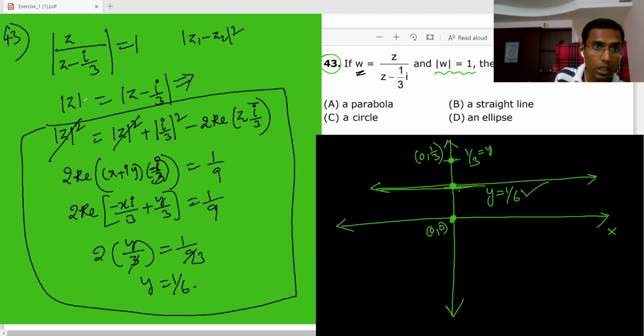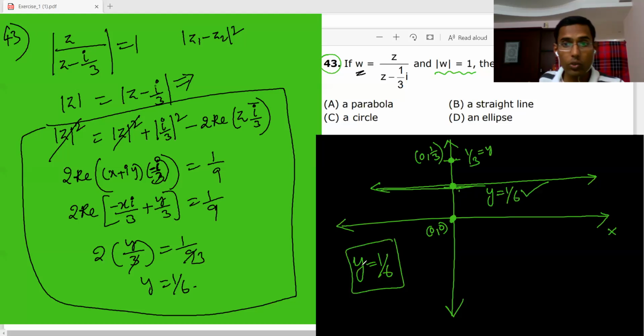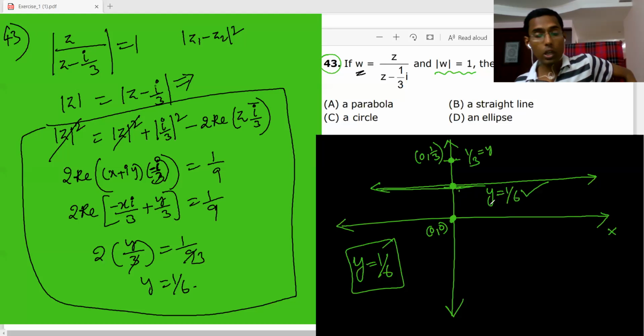Directly you can understand, just from this you can write: Z is equidistant from 0 and i/3, which is y equal to 1/6. If you understand it like this also, you can write it directly.